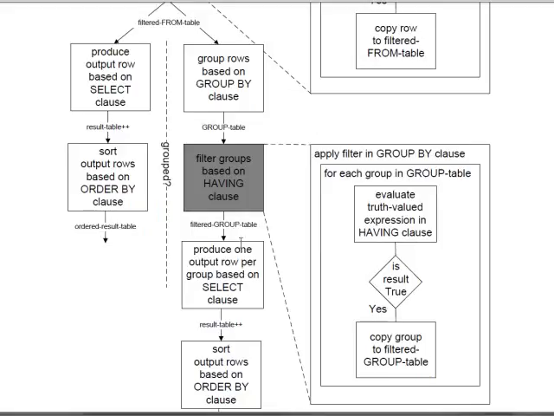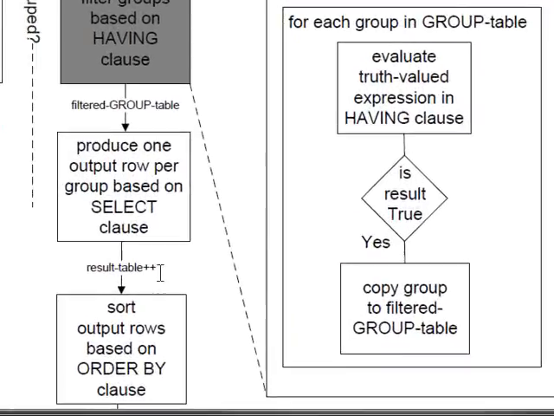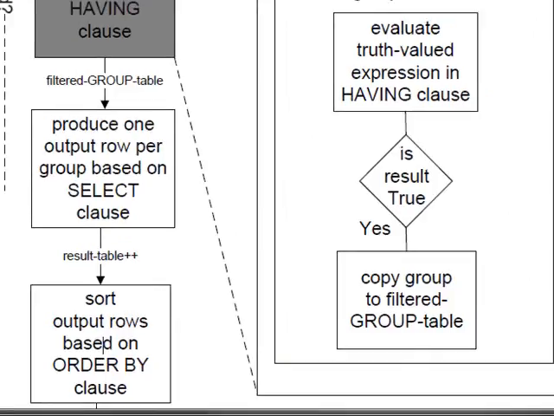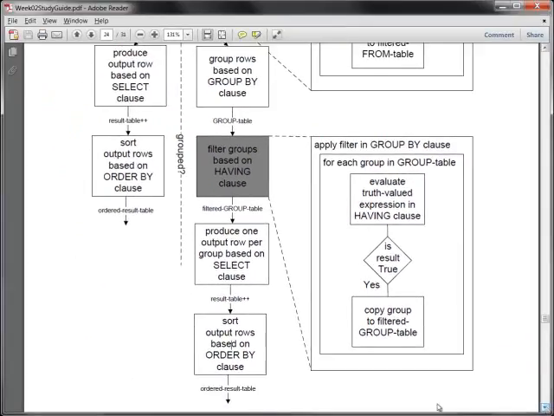Then each group that emerges from the having clause is passed across to the select clause one at a time to produce a single output row, which produces our result table, plus the additional columns for sorting purposes. And then if we have an order by clause, we do our sorting, which produces the final output table.